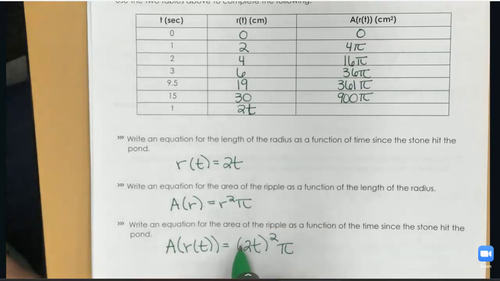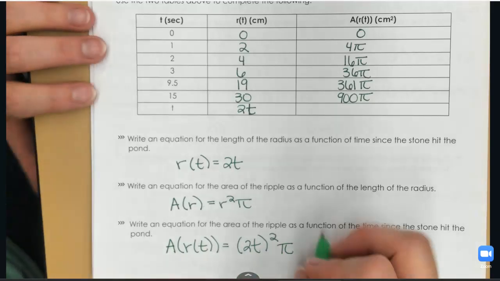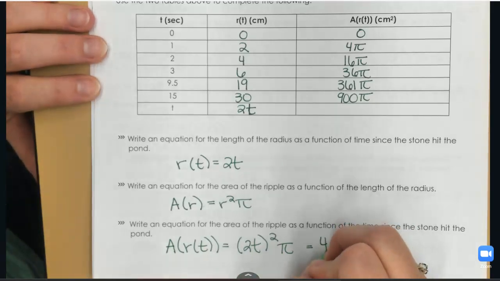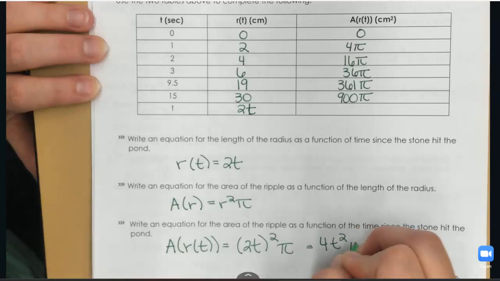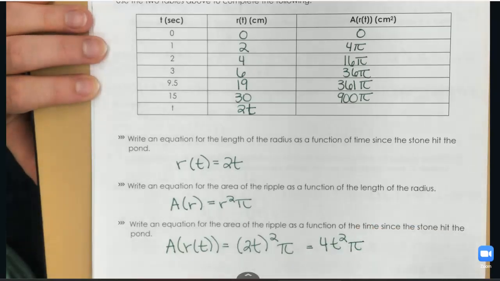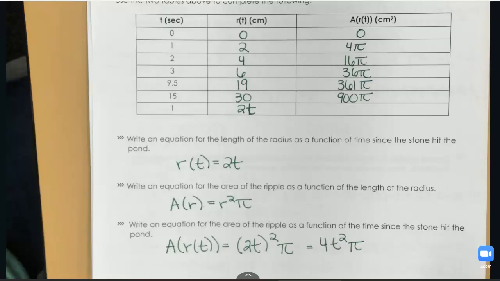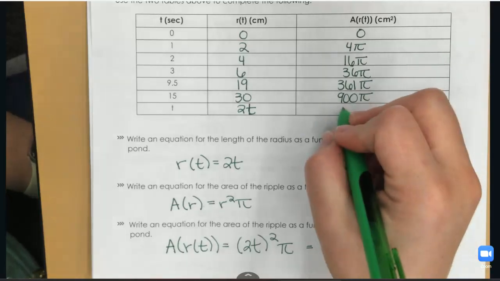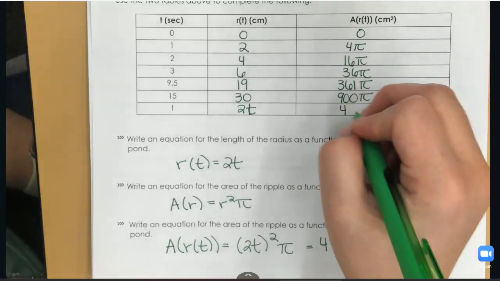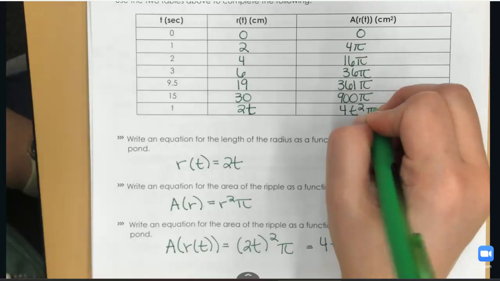I have to distribute the square to both parts here, the 2 and the t. So this becomes 4t squared pi. And what this allows me to do is if I know the time, I can calculate the area without having to first calculate the radius. This is going to save me some calculations. So this column is 4t squared pi.